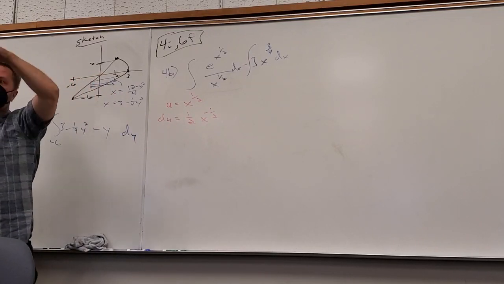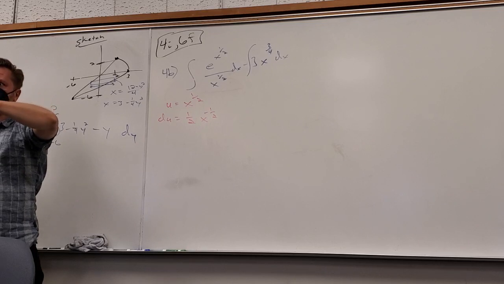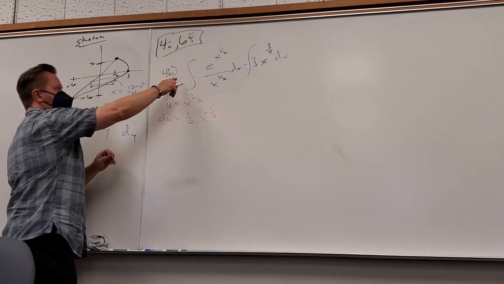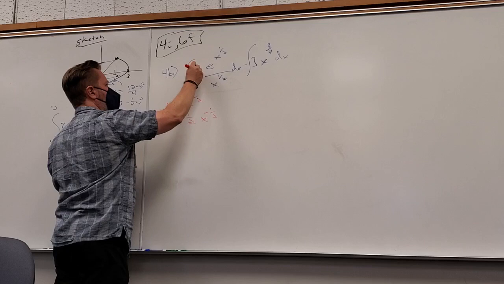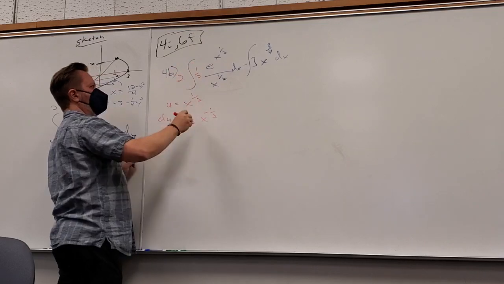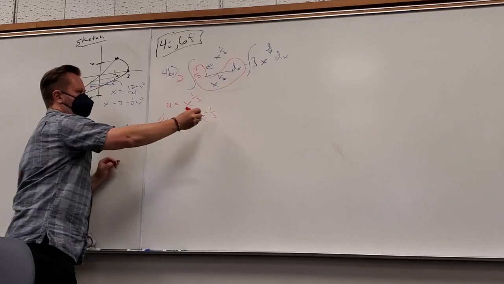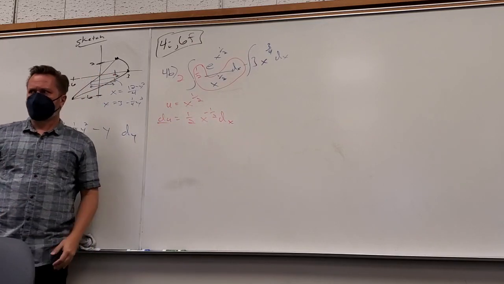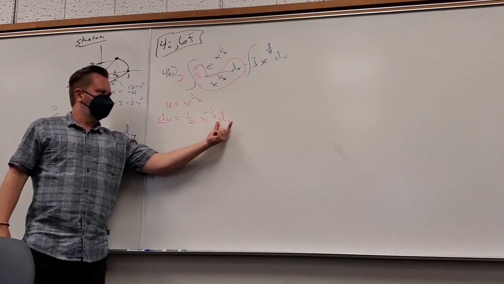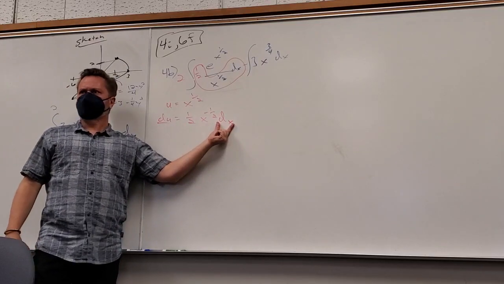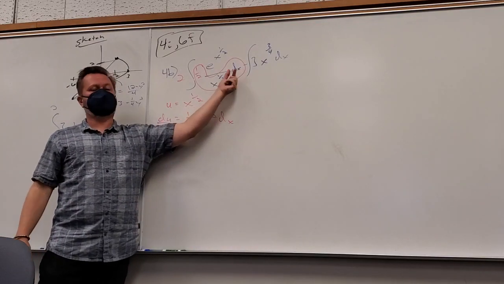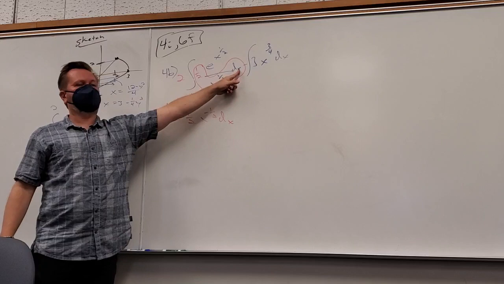So I need a 1/2 to show up, correct? So what do I put on the outside? I can put a 1/2 inside. So now this is du. Check. By the way, I'm kind of happy I did that. Do not forget this poor little dx, and don't forget him when you're doing an integral. This doesn't mean anything without that.